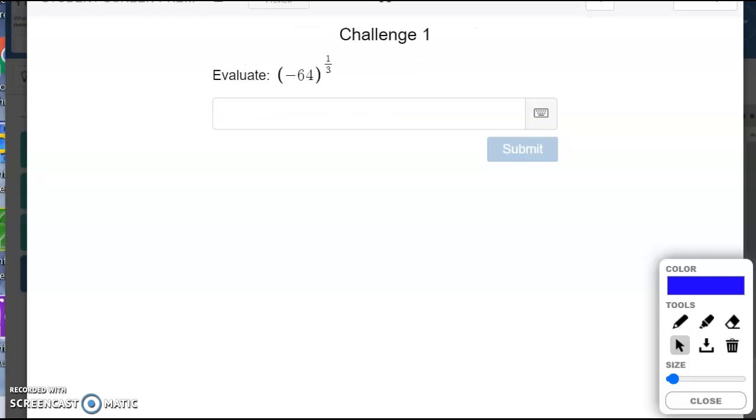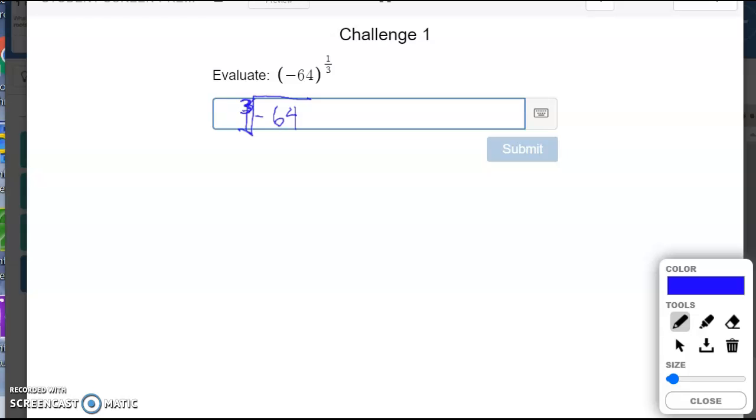Okay, this is a challenge problem. Now we're being asked, what does this mean? Negative 64 is being raised to the power of a third, which is the same as taking the cube root of negative 64.